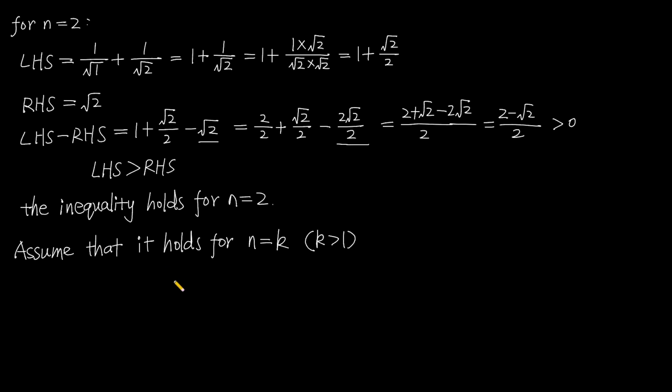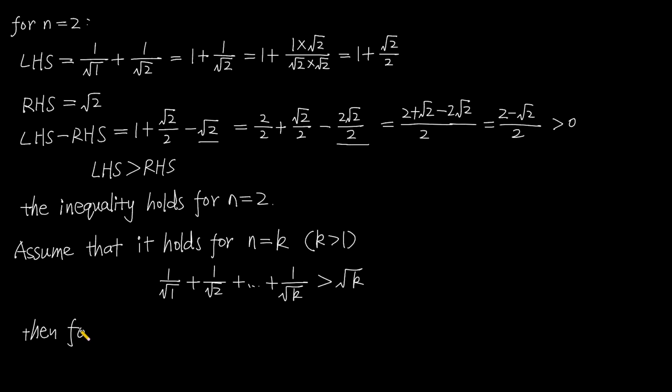So we have 1 over square root of 1 plus 1 over square root of 2 plus until plus 1 over square root of k is larger than square root of k.